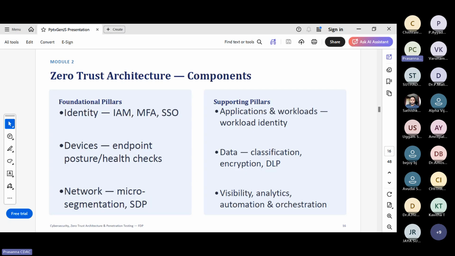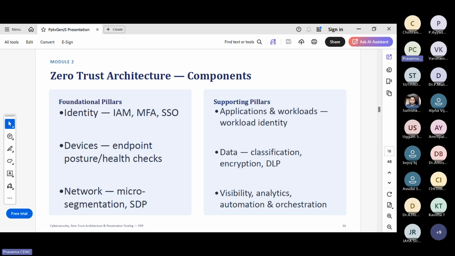Now coming back to the tools we need to use for zero trust architecture. One is identity, that is IAM: identity access management, multi-factor authentication, single sign-on. These are the various things that can be implemented for authentication as well as authorization. In the case of devices, there is the endpoint posture health check.